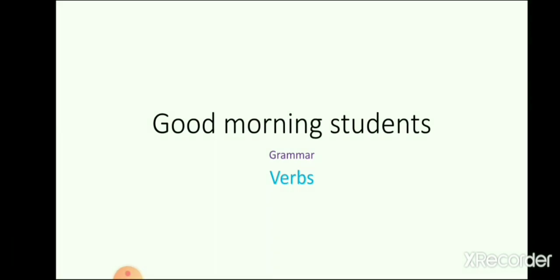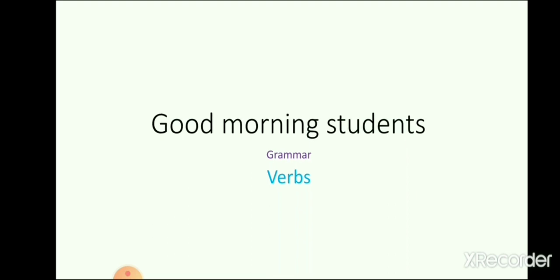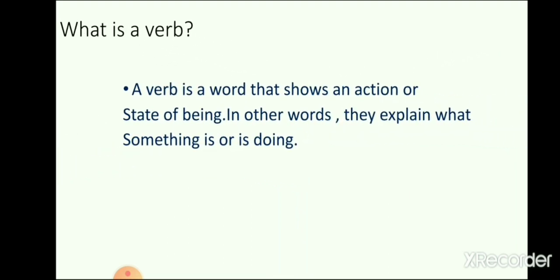I know you all have already come across the word verb. What is a verb? A verb is a word that shows an action or state of being. In other words, it explains what something is or is doing. So, a verb is nothing but the action performed by the subject.